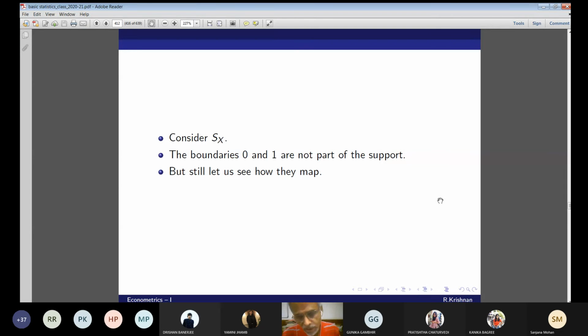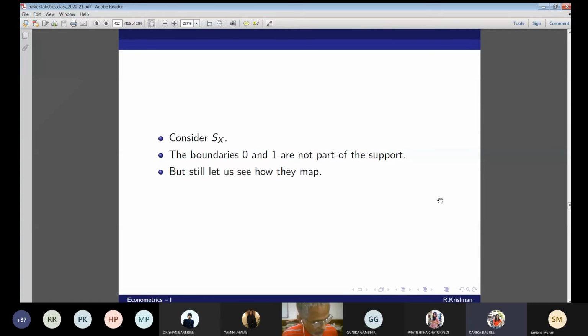We'll start from the boundary and we say everything lies inside the figure. What will be the mapping for points for which x1 equal to 0 and x2 is between 0 and 1? How do they map onto y1 and y2? Y1 is 0 and y2 is between 0 and 1.